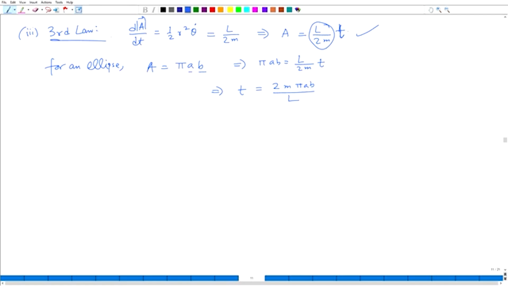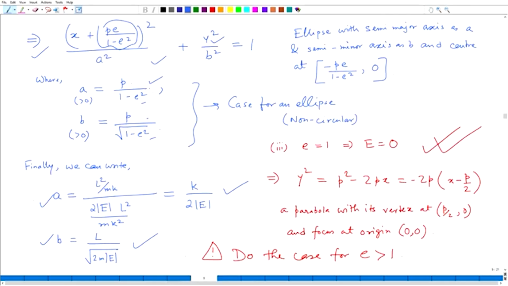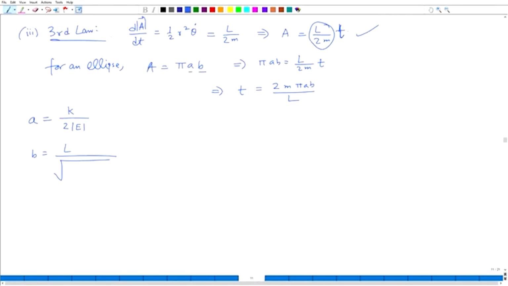I will do something which is also very interesting here. I will use A equal to K by 2 modulus of E, and B equal to L by root 2 m modulus of E. Let me just check the expressions once, yes.